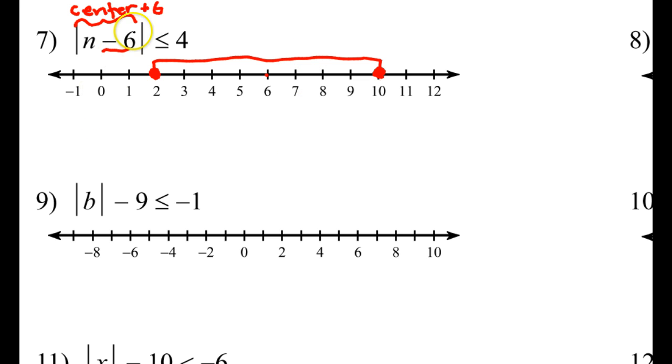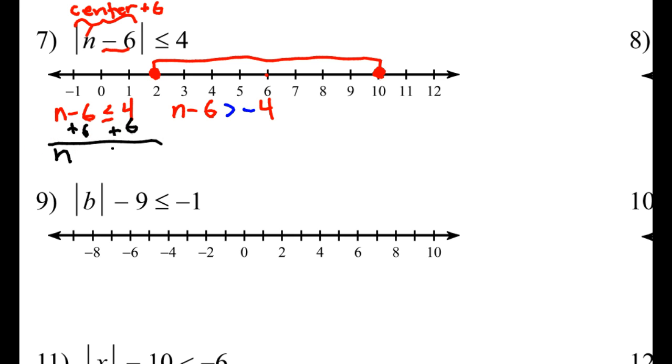Algebraically, the way to solve this is just to break it up. We have nothing on the outside, so just n minus 6 is less than 4, and n minus 6 is greater than -4. So switch the second one, and then solve each. n is less than or equal to 10, and then n is greater than 2.